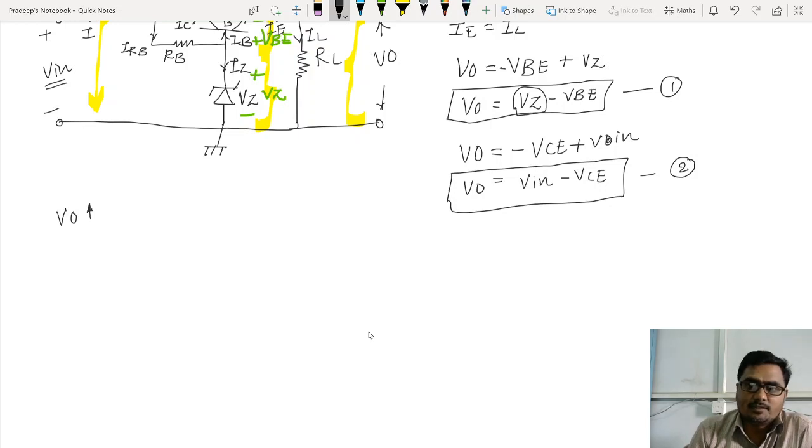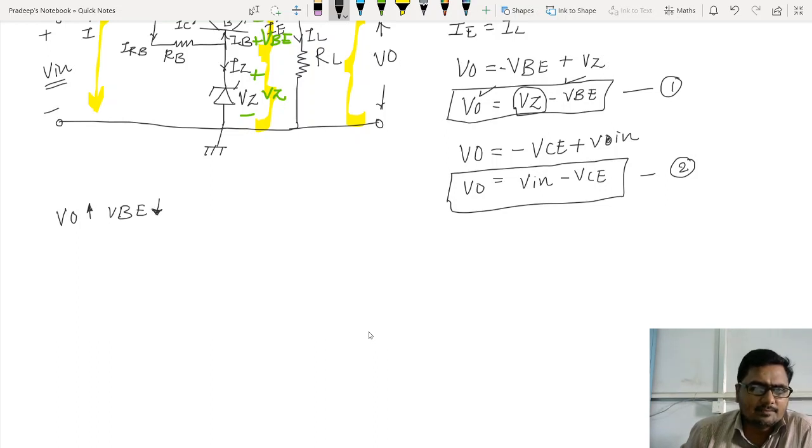Now, output voltage is completely dependent on VBE. What will happen if output voltage is increasing? Consider equation number 1, VO equals VZ minus VBE, where VZ is constant. So, if output voltage is increasing, look at the sign, it is a minus sign, so VBE has to decrease. Look at this, VBE will start decreasing.